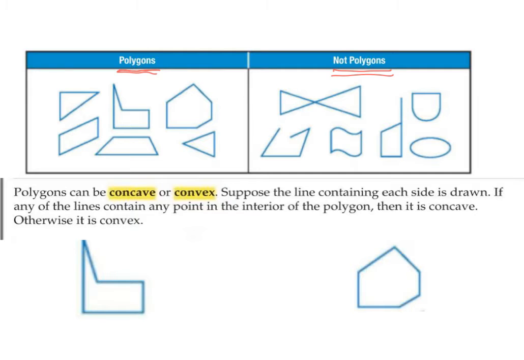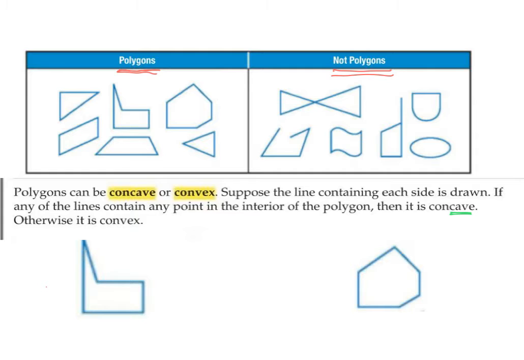I can also label a polygon as concave or convex, and basically that means if any of the lines contain a point in the interior of the polygon, then it would be considered concave. Think of cave like inside.